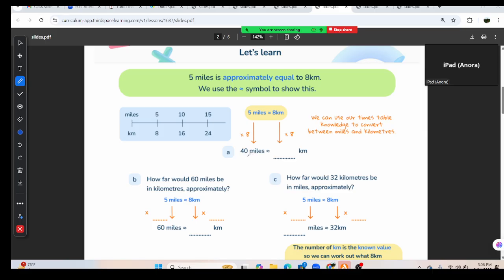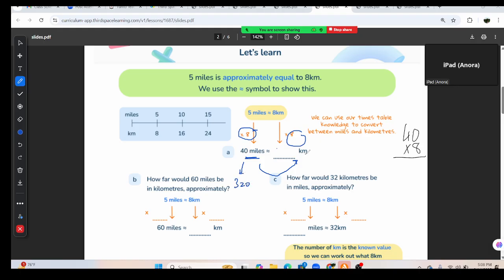So if we want to convert 40 miles into kilometer, what I would do is multiply with 8 both sides, right? So 40 times 8 is 320.